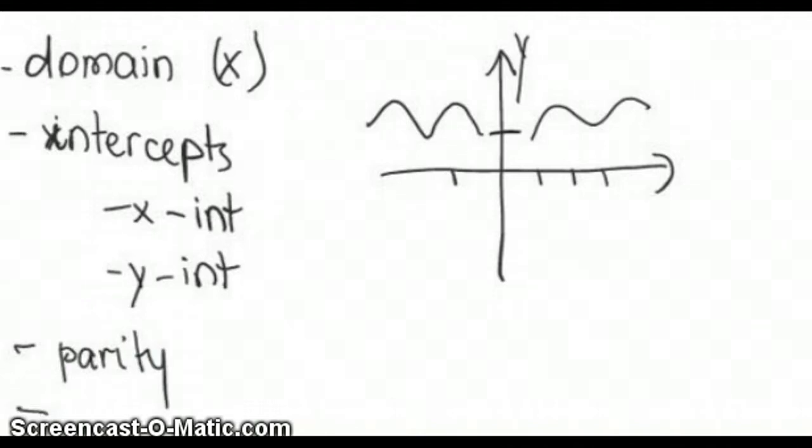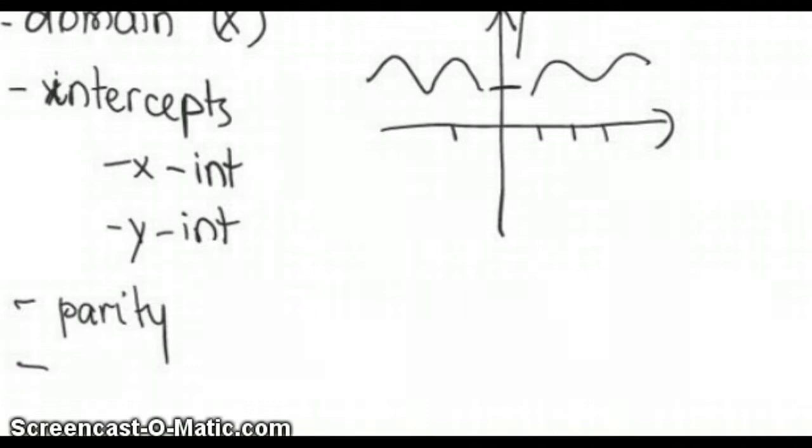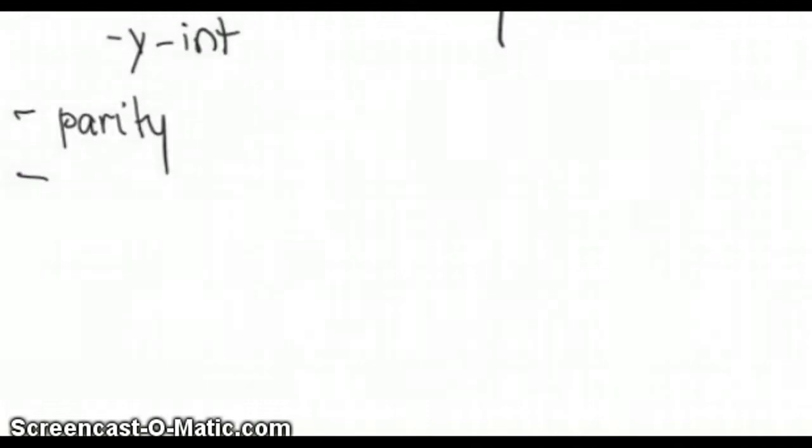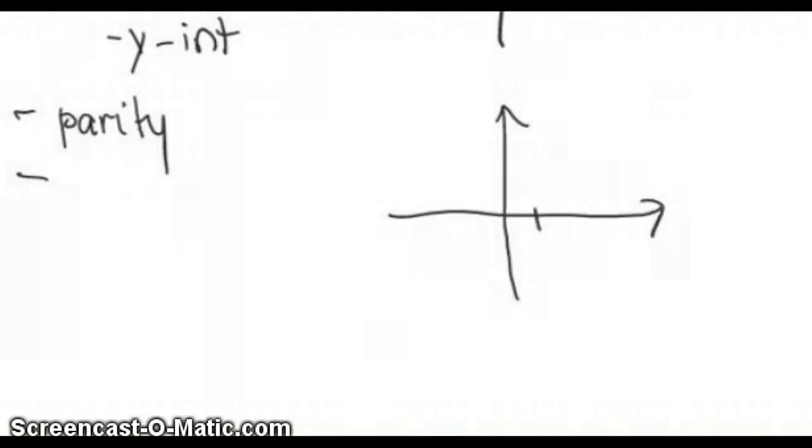The next key feature would be the sign. It's going to be helpful to know if our function is positive, where is it positive, where is it negative, because let's say, for example, I would know that my function passes through these 2 points, and through that point.